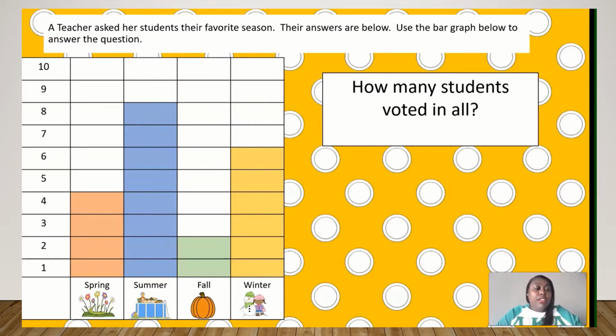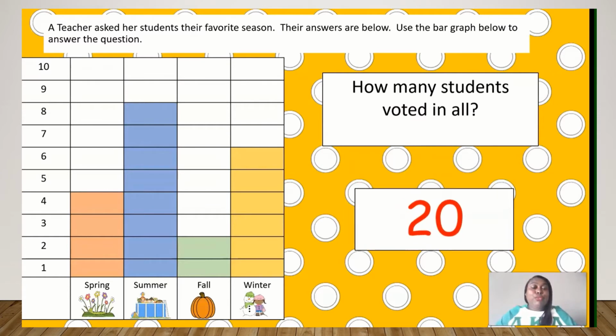Let's count together. 1, 2, 3, 4, 5, 6, 7, 8, 9, 10, 11, 12. I'm moving over to fall. 13, 14, 15, 16, 17, 18, 19, 20. 20 students voted in all.